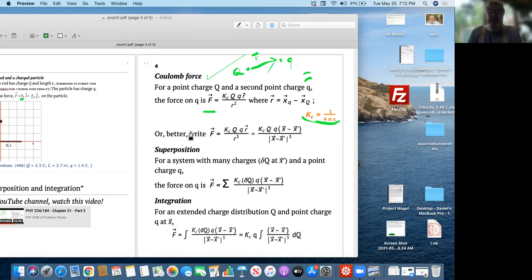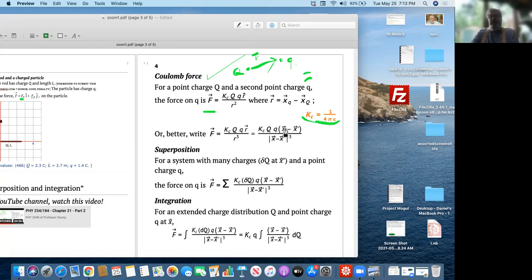That's just 2 particles. Now, if you have many particles, if you have a system with many charges, let's say you have a whole collection of charges, let's give them the values delta q and locations x prime, and then a point charge little q, then the force on little q is the sum of the Coulomb forces due to all the many charges acting on q.